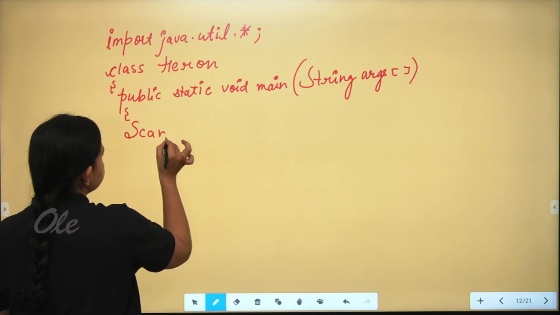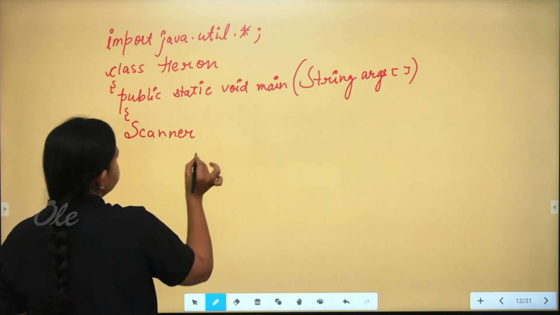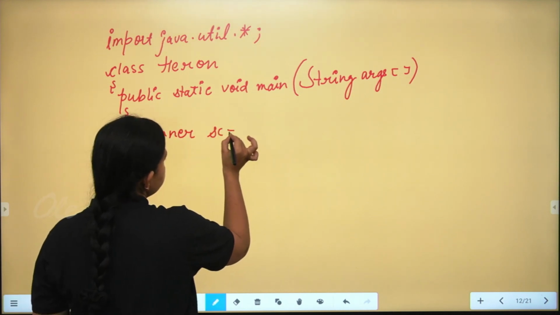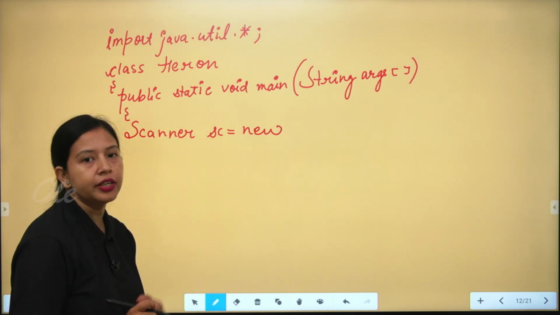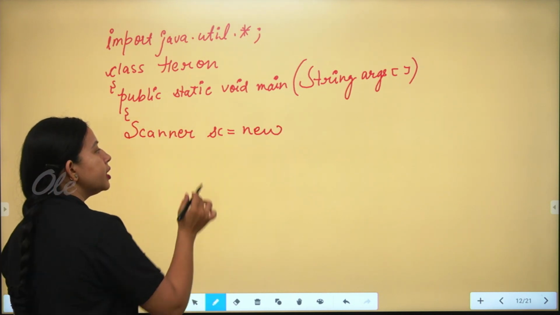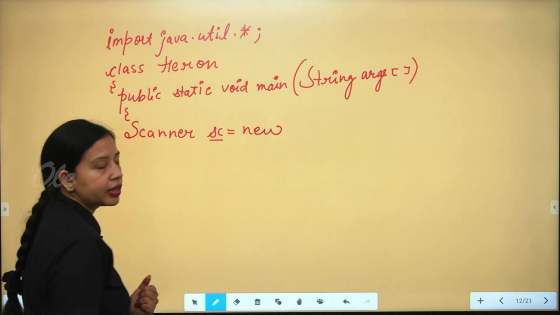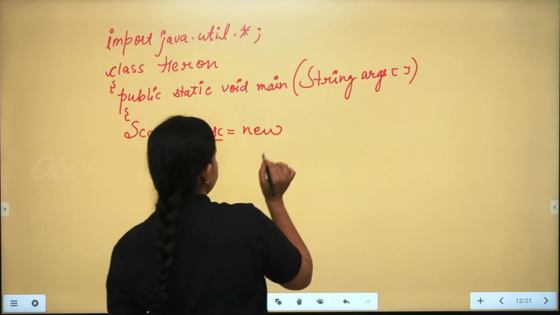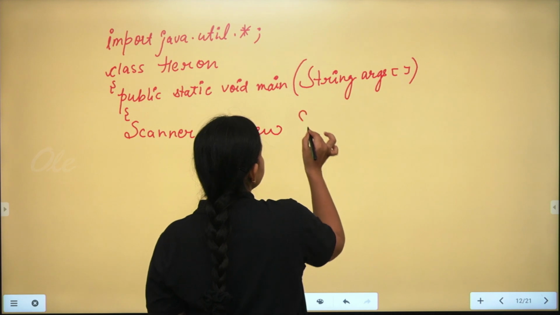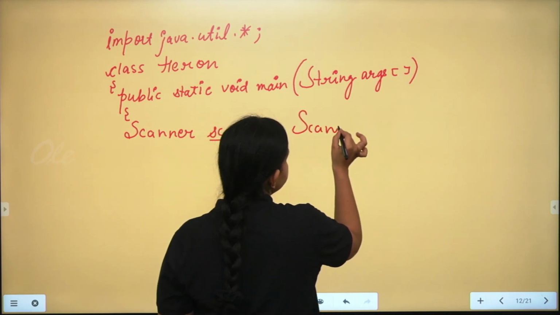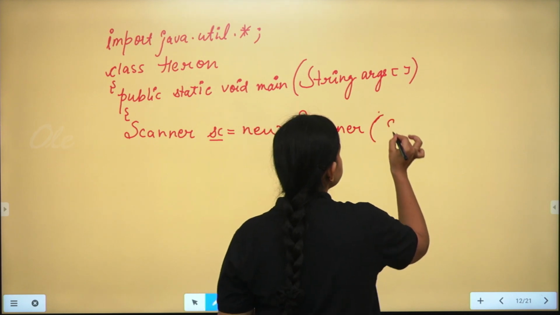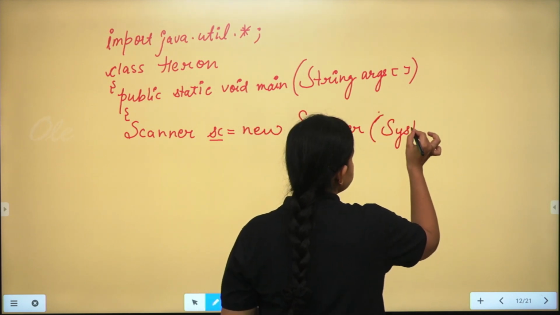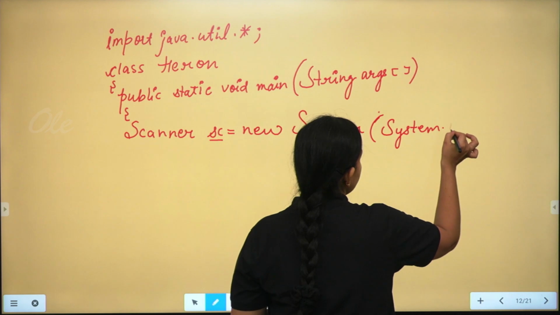Scanner sc equals new. As you know, new is a keyword which allocates memory to this sc variable. Scanner, and inside we write System dot in.